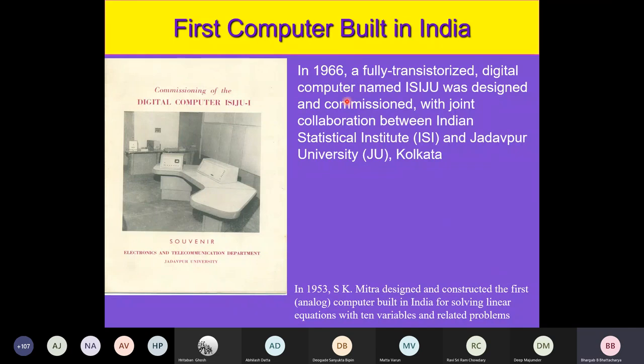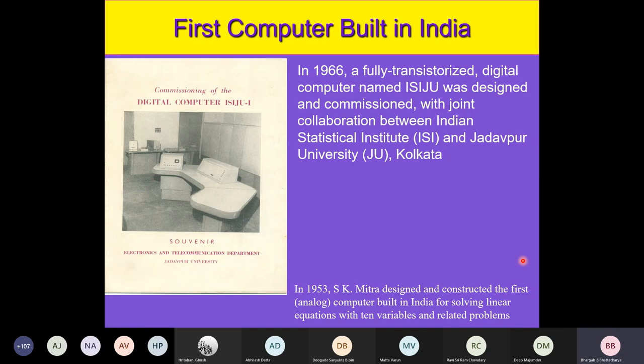Even before that, so this is a digital computer, but in 1953, S.K. Mitra, Shamarendra Kumar Mitra, designed and constructed the first analog computer built in India for solving linear equations with 10 variables and related problems. So you know what an analog computer is? It's a computer which is built with operational amplifiers and so on.